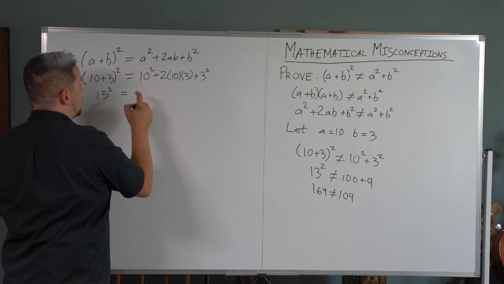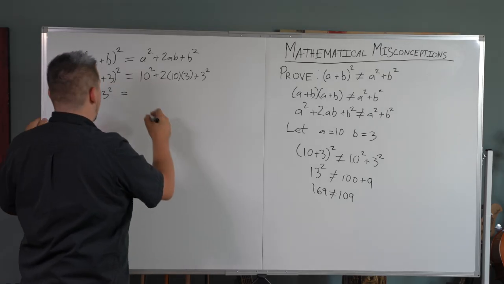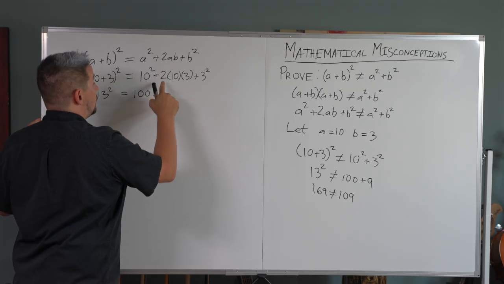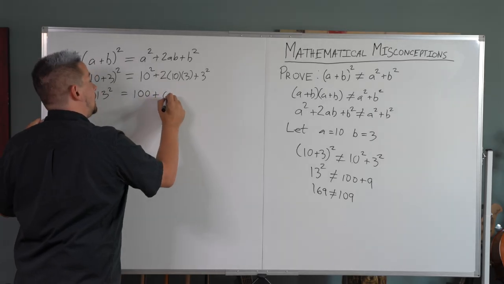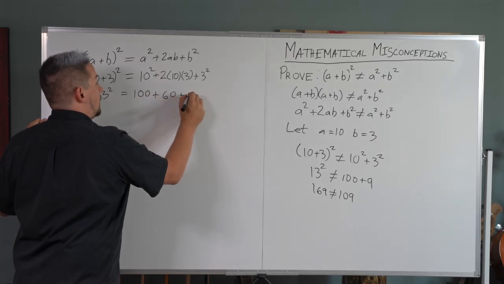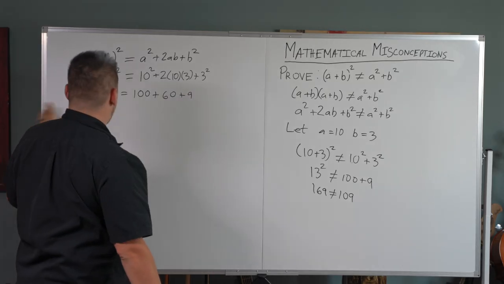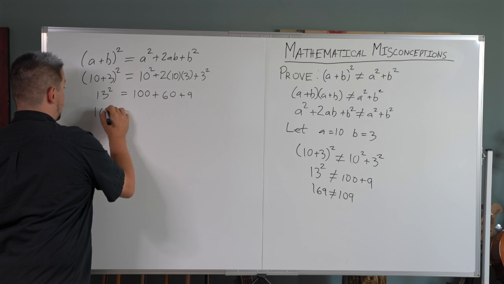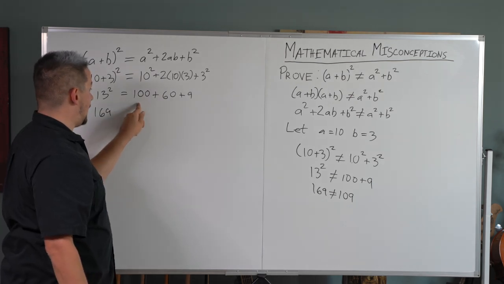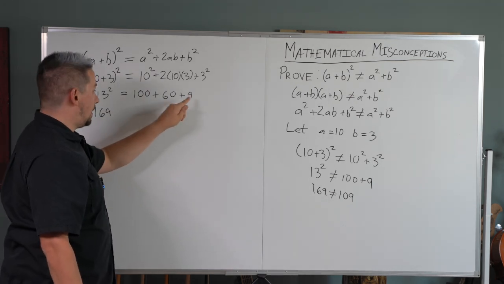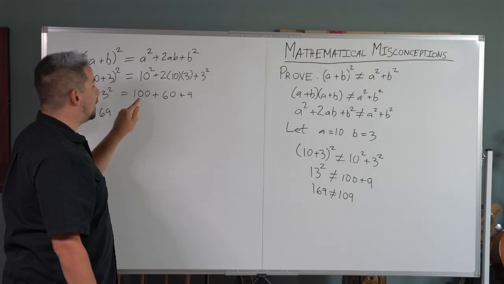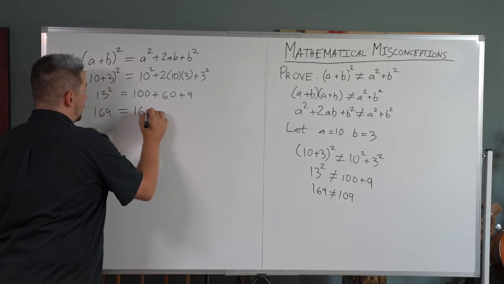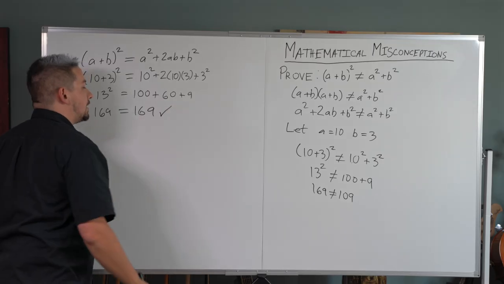On the right-hand side, we can just square things and do multiplication. 10 squared is 100, plus 2 times 3 is 6, times 10 is 60, and then 3 squared is 9. And so we already said that 13 squared is 169. And here we're just adding all these together. We have a 9 in the ones column, 6 in the tens column, and a 1 in the hundreds column, which gives us 169. So this in fact checks out.